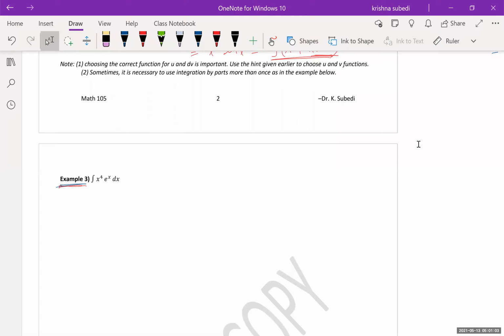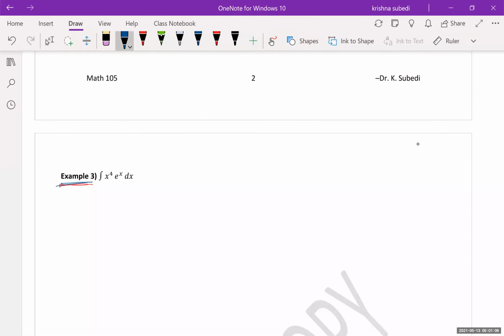Now in this case, use the LIATE rule. So this is your algebraic function and this is your exponential function. Write down the rule, LIATE.